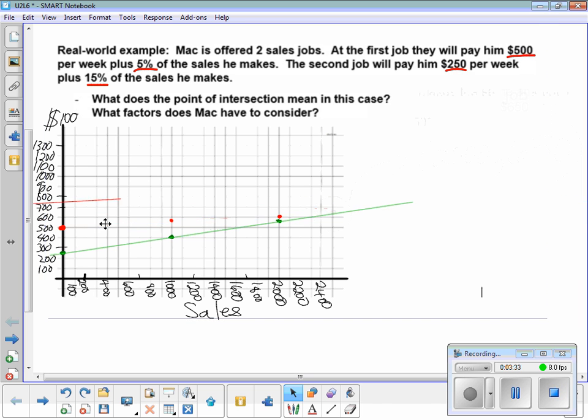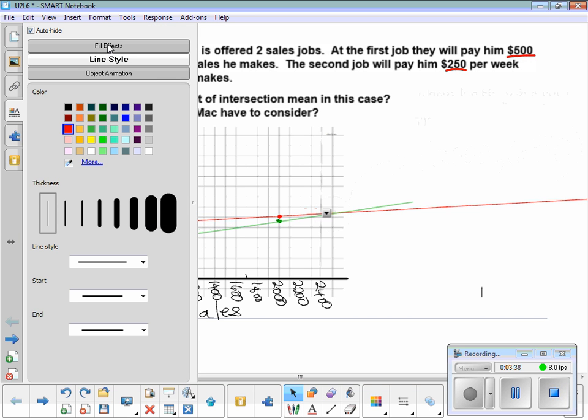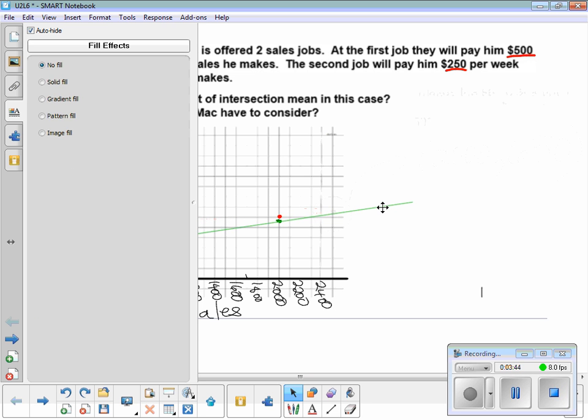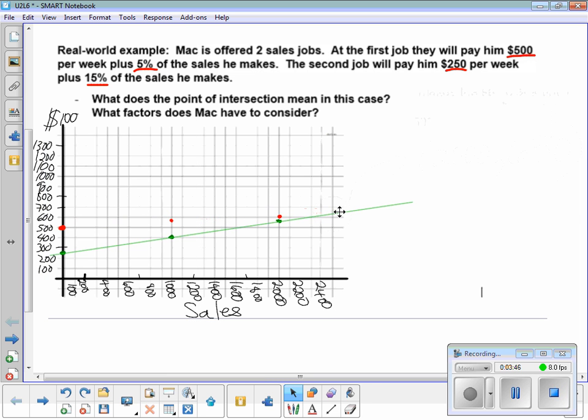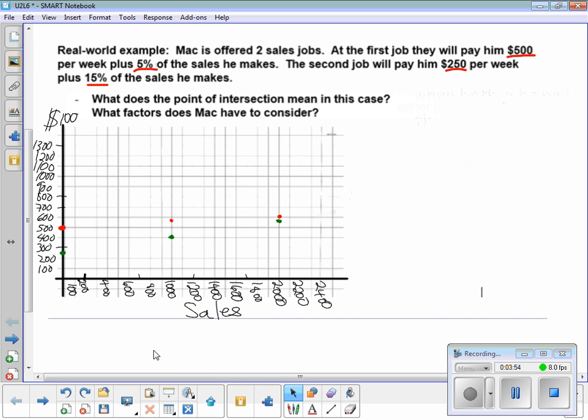I'm going to make it disappear completely, and the same thing with the other one. So you'll have to bear with me. There we go. I'm going to get rid of both of those just so you can see what I've done here.